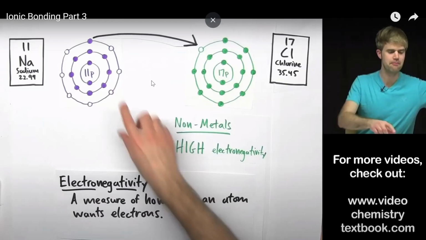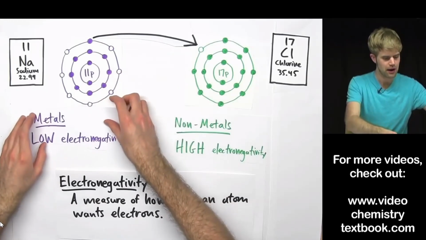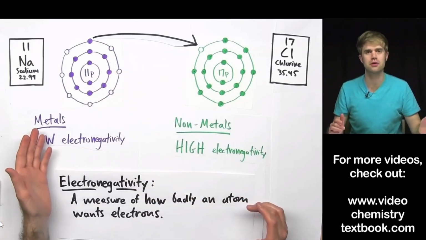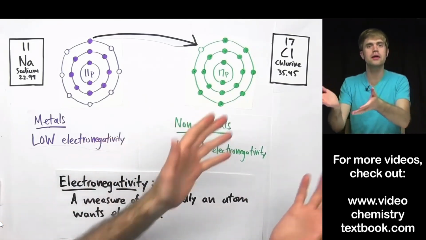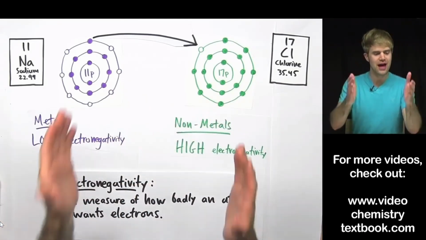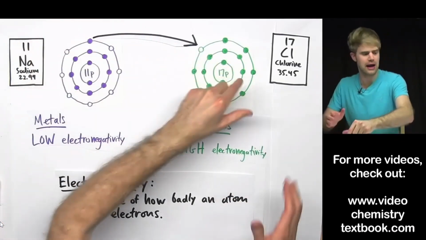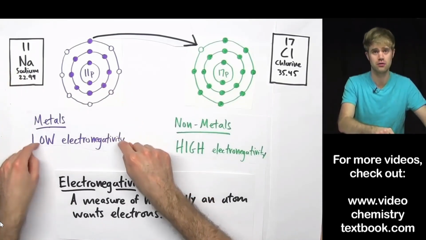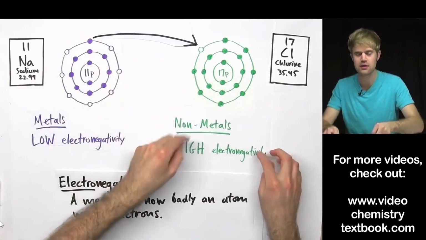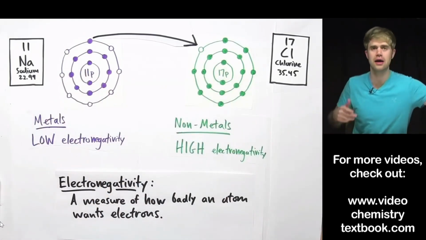Metals, like sodium, have a low electronegativity. They're not so greedy for electrons, and they're willing to give them up. So that's why electrons move from sodium to chlorine and not the other way around. They move from the atom with low electronegativity, low greediness, to the atom with high electronegativity. This is the way it always works in ionic bonding.